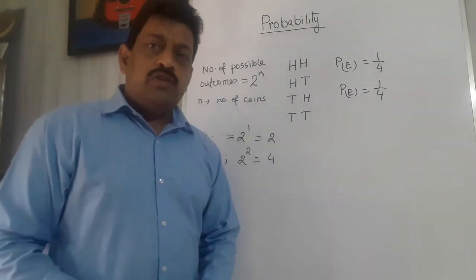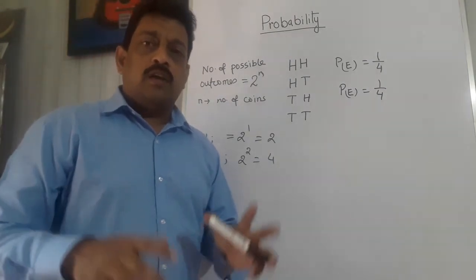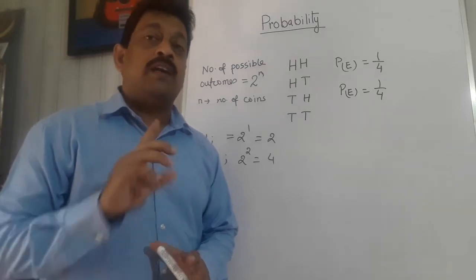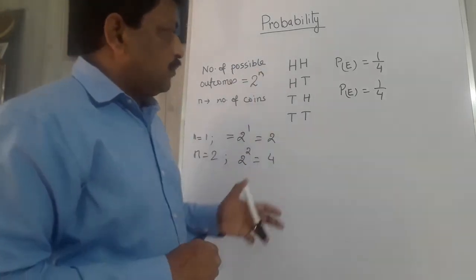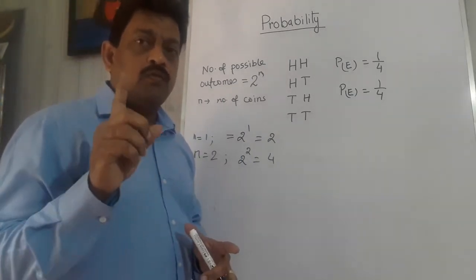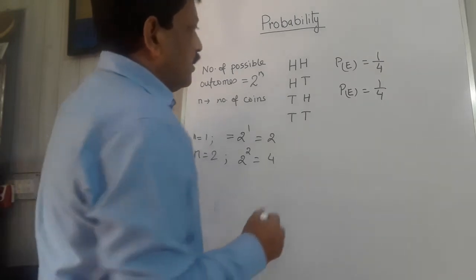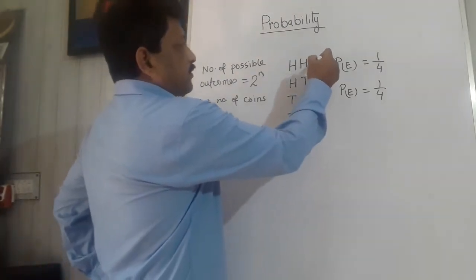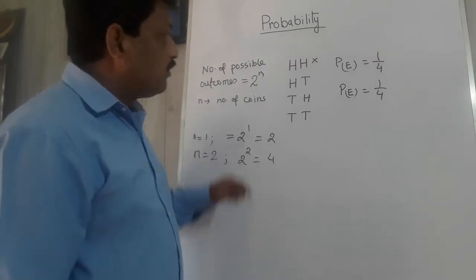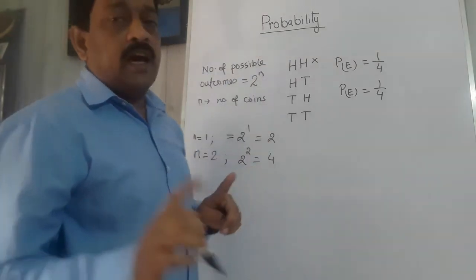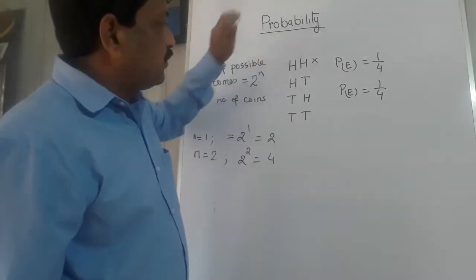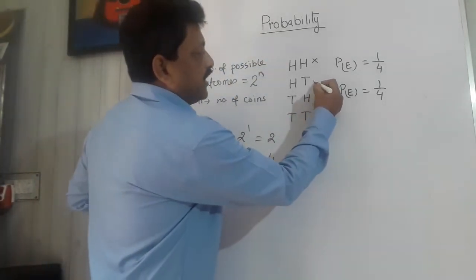Sometimes the question may be changed. It will be asked, what is the probability of getting at least one tail? Now see all the cases. This outcome will not be taken because the question is at least one tail. There is no tail, so it will be excluded. There is one tail, we can take this.